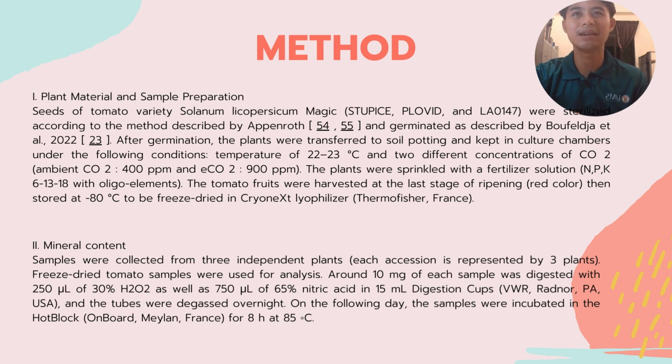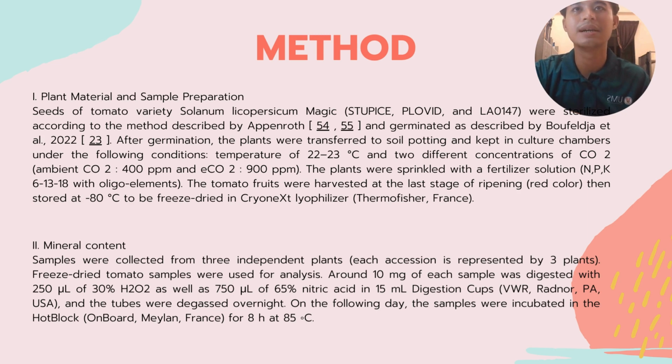The method that has been used for this research: first, plant material and sample preparation. Seeds of tomato variety Solanum lycopersicum. There are three types of seeds, which are Stupici, Plovit, and LA0147, were sterilized according to the method described by Eppenroth and germinated as described by Boreja.